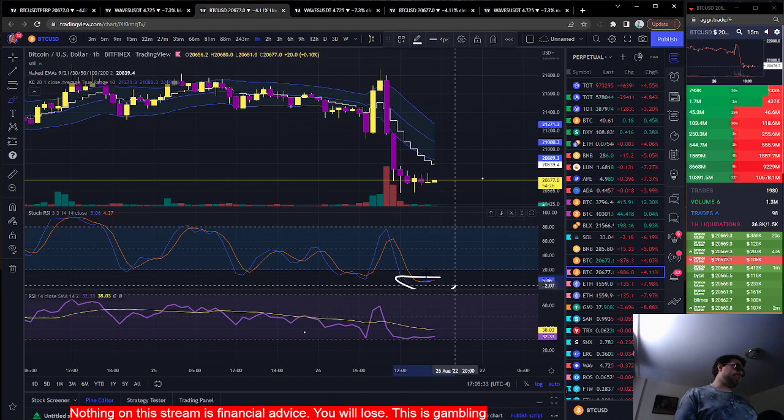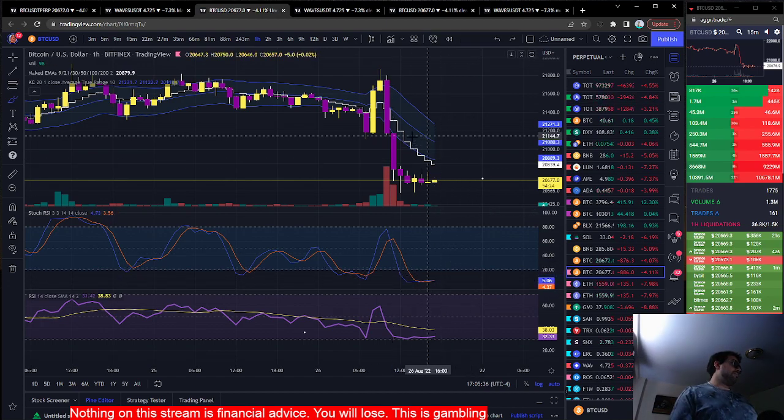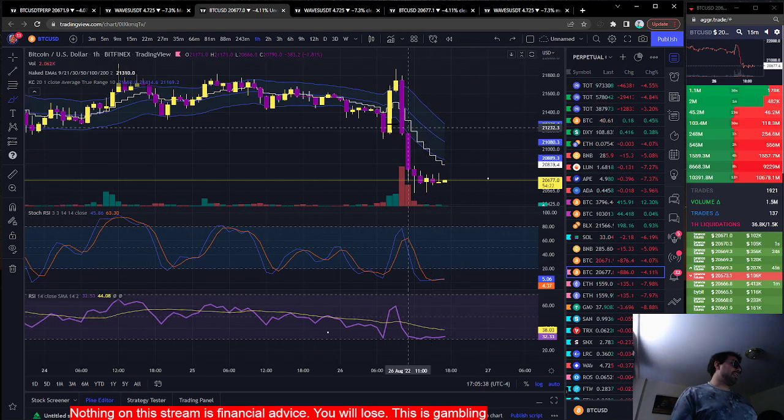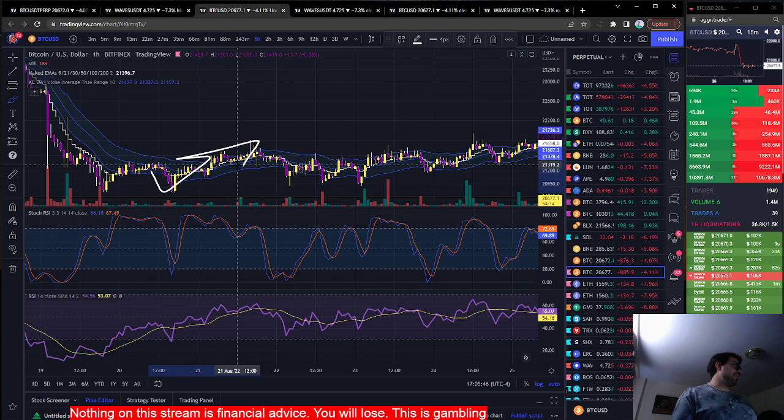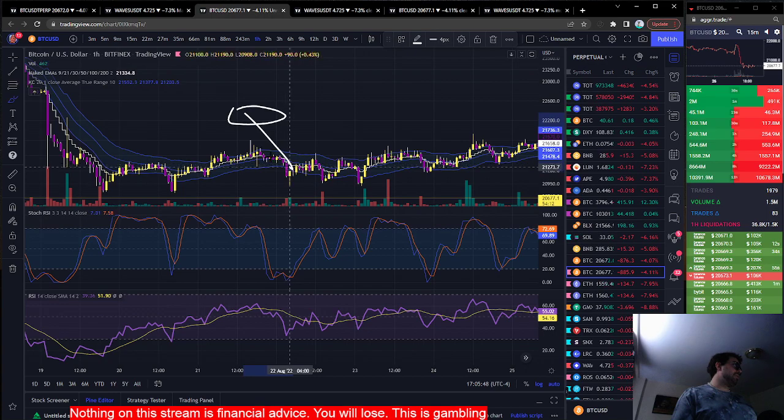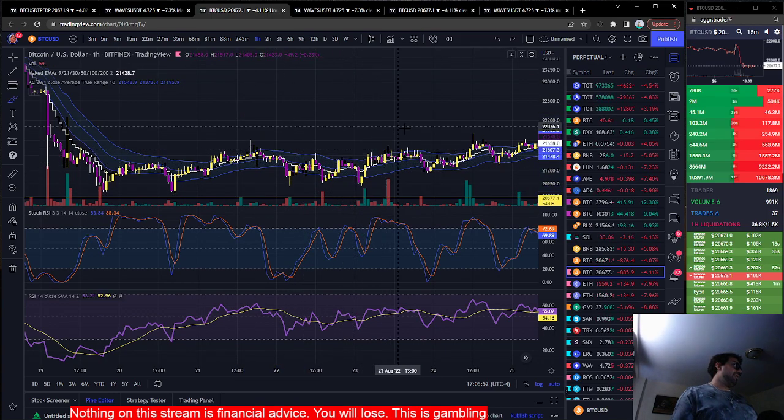We're extending down here because of two things. Number one, we're outside of the Keltner channel. Keltner channels, in general, act like a magnet. Whenever you're outside of it, on either side, up or down, it wants to magnet you back in.